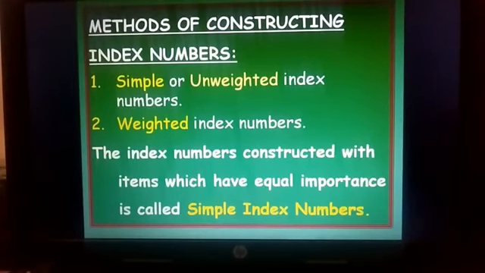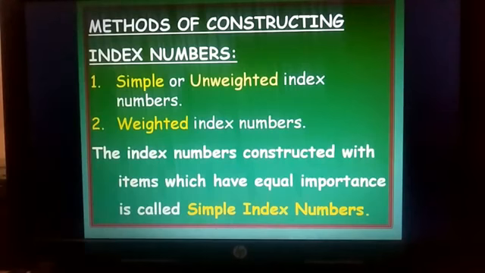That means the same importance is being given to all those commodities, rice, wheat and the others you have listed. The same importance is given as 1 kg to be bought.